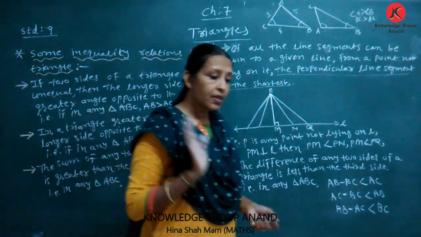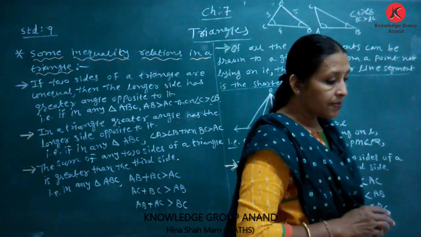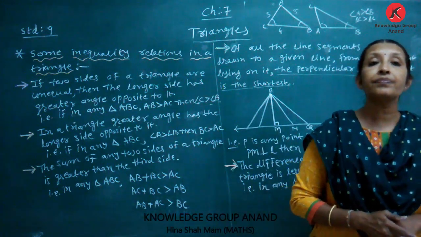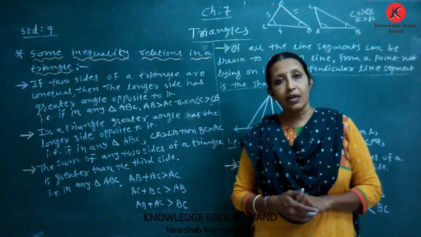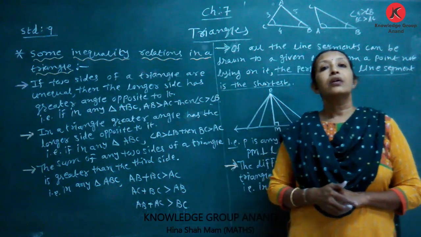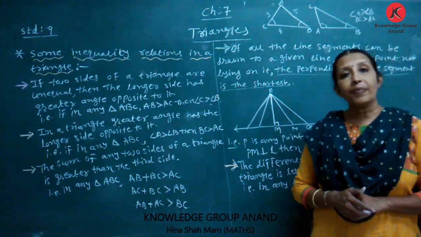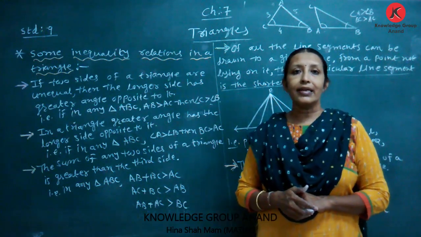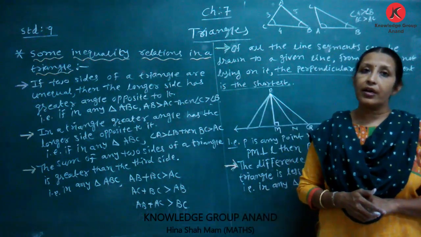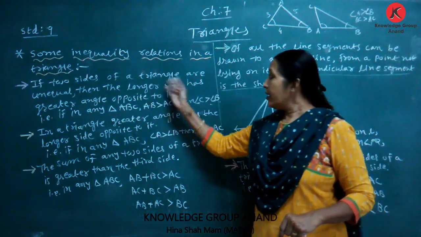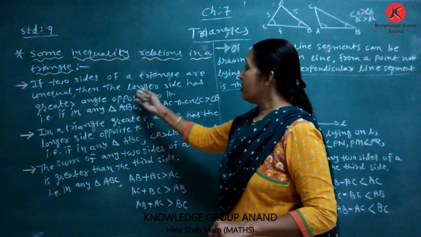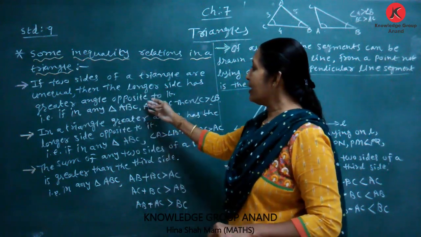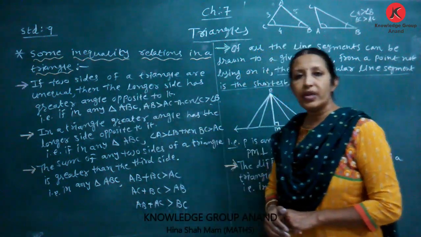Okay? We learned 5 things. Number 1, in a triangle, the longer side has the greater angle opposite to it.